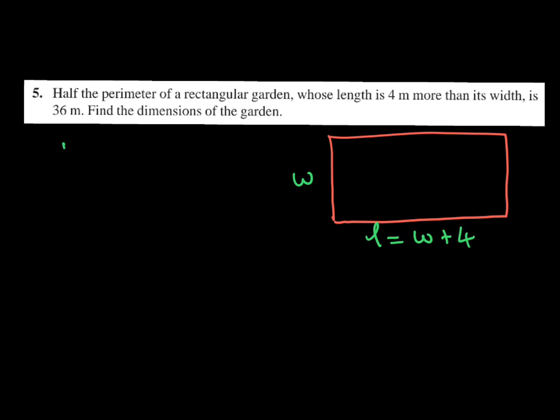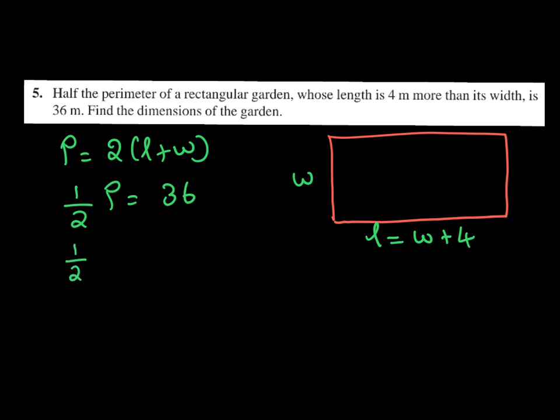We know that the perimeter of the garden is 2 times length plus width. The question says half the perimeter of the garden is 36 meters. So half of P, which is 2 times (length plus width) divided by 2, is equal to 36.